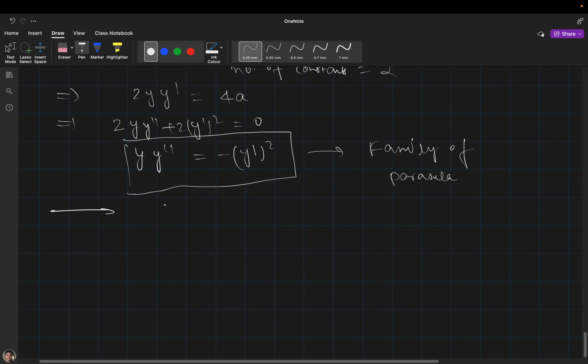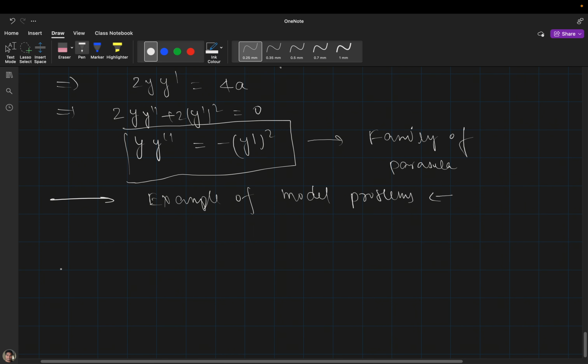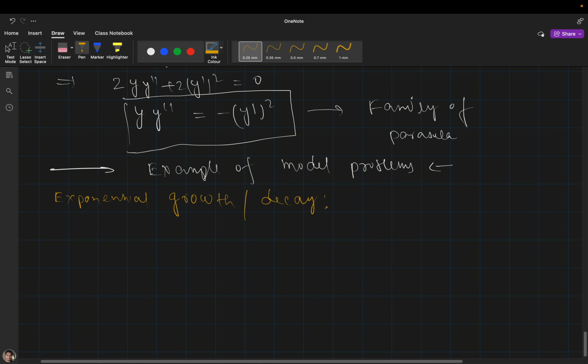Okay, so let's take some examples of model problems. First example is exponential growth and decay. This is one model problem.